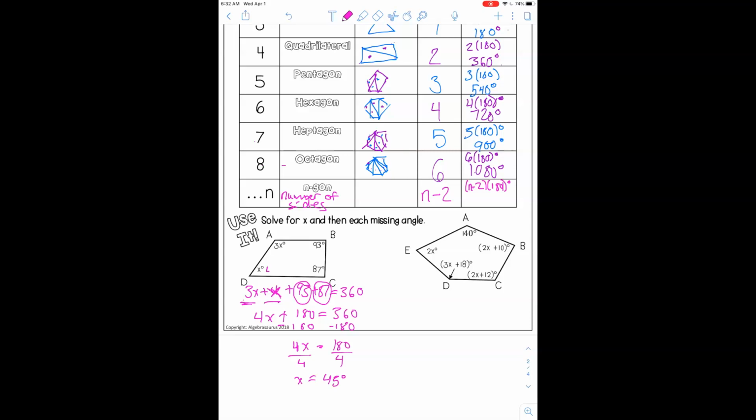So now we know that this angle is 45 degrees, and this angle we would take 3 times 45 degrees, which is 135 degrees. We can always check our answer by adding them all up to make sure they equal 360. So we know that these two equal 180, so we have to make sure that these two equal 180. So 135 plus 45 equals 180.